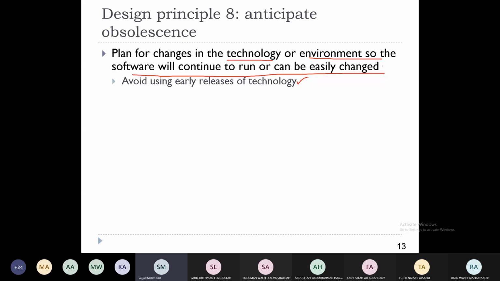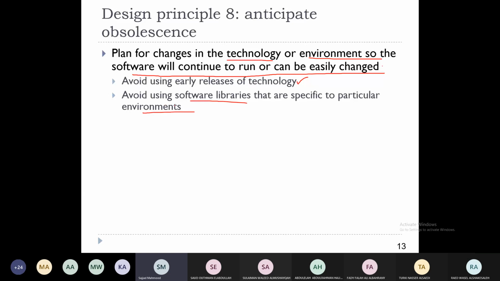And again, this is something you have to keep in your mind as designers. And of course, we should always try to use libraries which are more generic. You should try to avoid libraries and APIs that are specific to a certain platform. Of course, you cannot avoid this all the time, but you should try to minimize it.